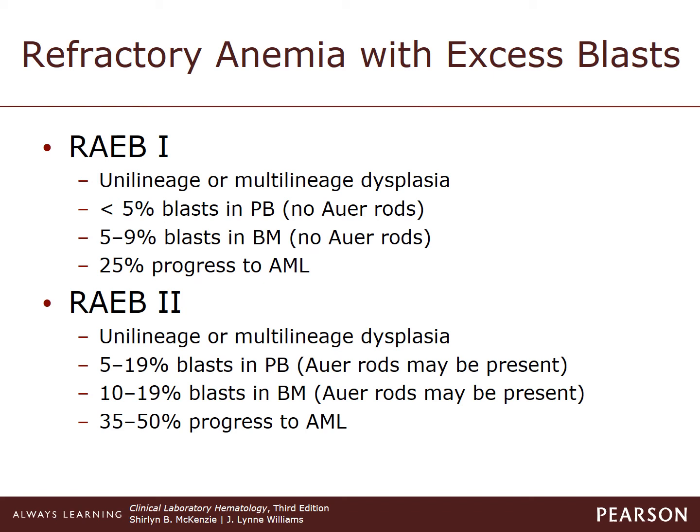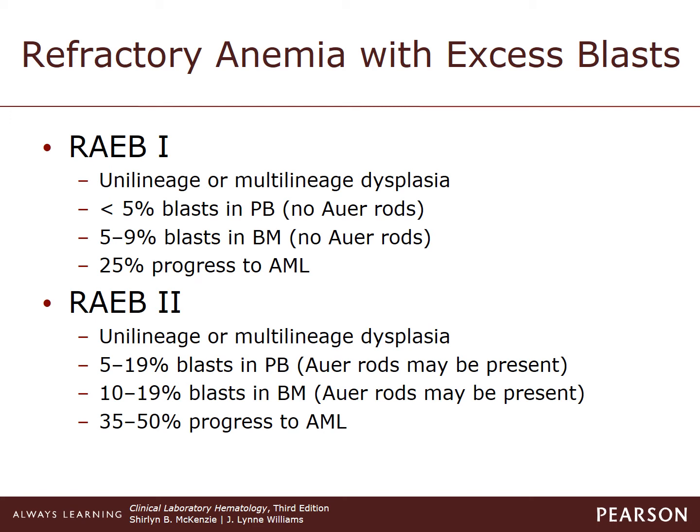In the bone marrow, blast numbers range from 5 to 19%. This can be distinguished from refractory cytopenia with multilineage dysplasia by the myeloblast percentage, because there are significant differences in survival and because evolution to AML may occur in this scenario.